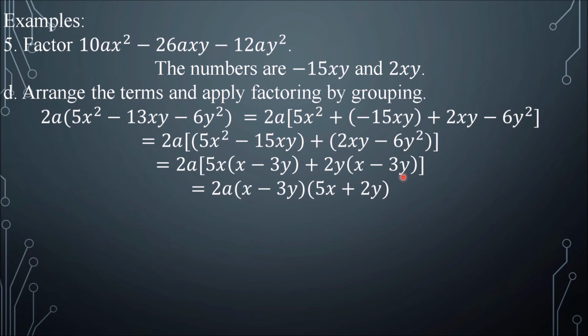And that's our goal, to have the same remaining factor. So you have x minus 3y in the first group, then x minus 3y in the second group. Now, extracting the common monomial factor, x minus 3y, and we copy also 2a, the remaining factor now is 5x plus 2y. So the factored form of number 5 is 2a times x minus 3y times 5x plus 2y.